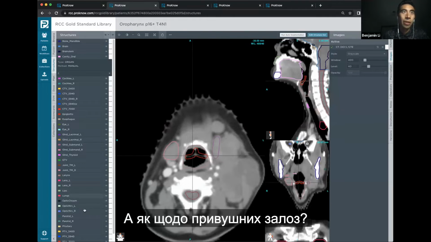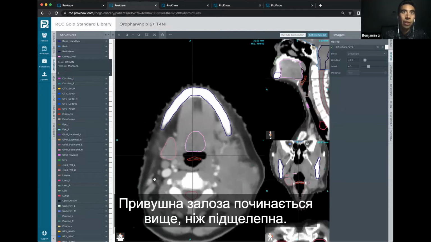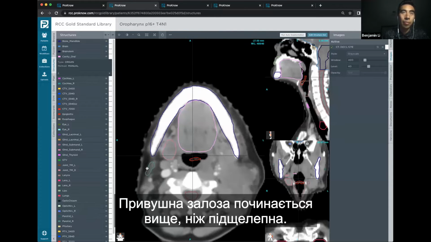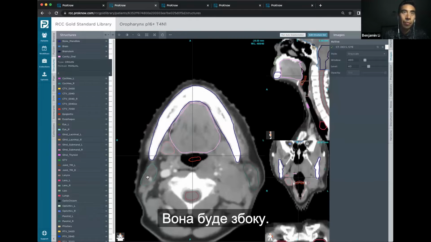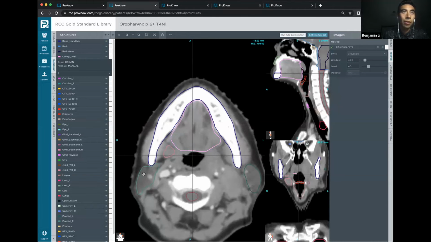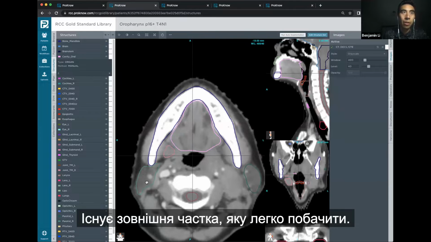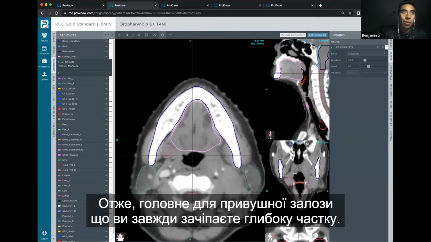How about the parotid gland? So this is really tricky. The parotid gland starts higher up than the submandibular gland. It's going to be lateral, and just keeping an eye on the right parotid gland, there's sort of the outside lobe, which is easy to see, and then there's a deep lobe, which is difficult to see.